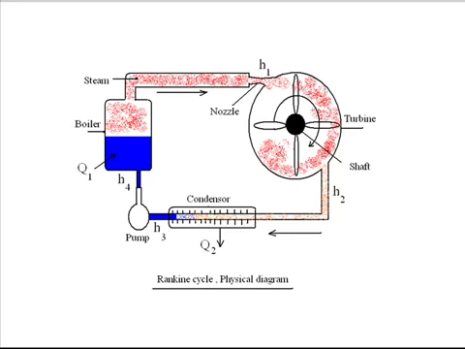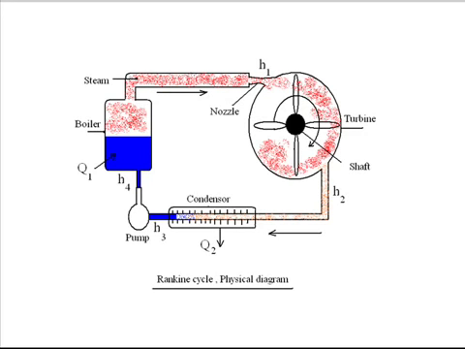You can see that inside the casing there are blades which rotate about an axis, that is the shaft. This high velocity steam strikes the blades of the turbine, so it starts rotating the turbine shaft, because the blades are mounted over the shaft of the turbine.